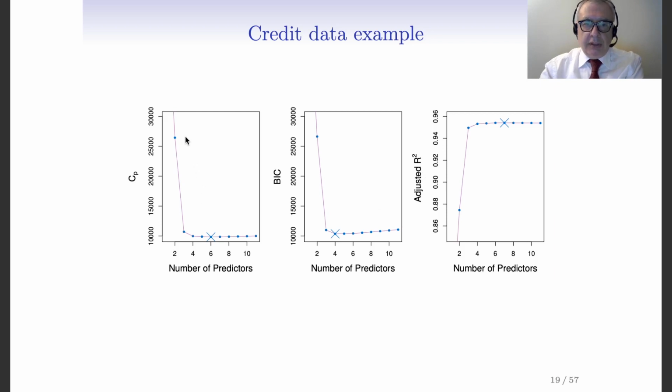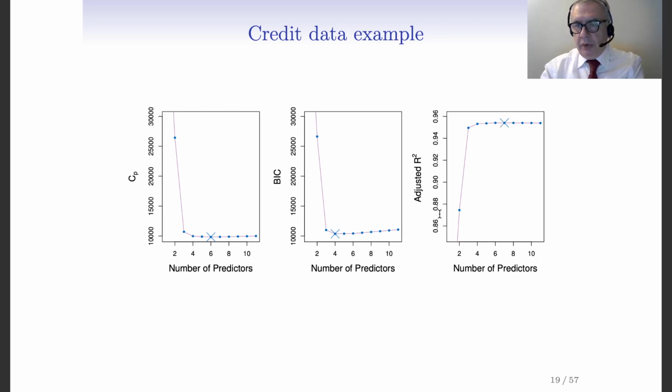Remember that Cp and BIC are to be minimized while adjusted R squared is to be maximized. So we see that when the number of predictors is small, Cp is large, then it goes down and you have a minimum at 6 predictors. BIC instead has a minimum for 4 predictors, so it suggests the use of a less complex model, while adjusted R squared has a maximum in correspondence of 6 predictors.